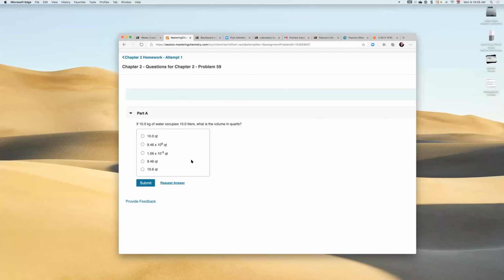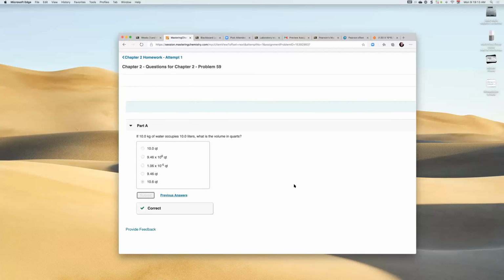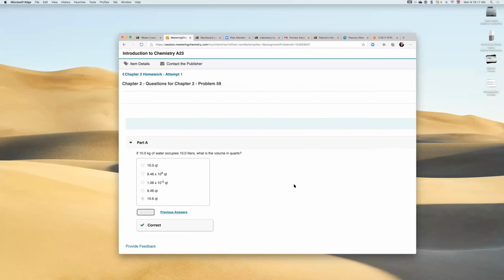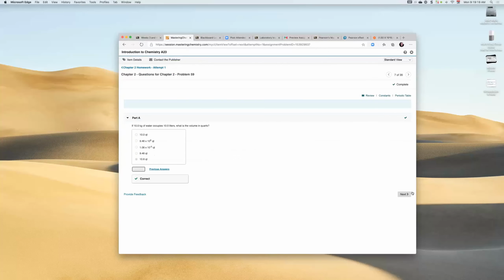But hopefully you see that I'm marking 10.6 quarts on the homework. Can you see my screen? Yes. Okay, great. So let's submit that as the answer. And it looks like that's the right answer. So we're good. Now let me go to the next problem.